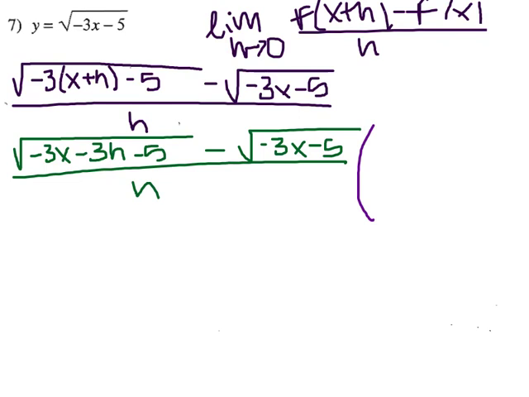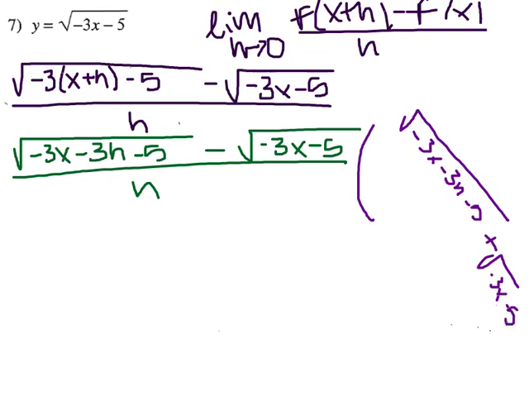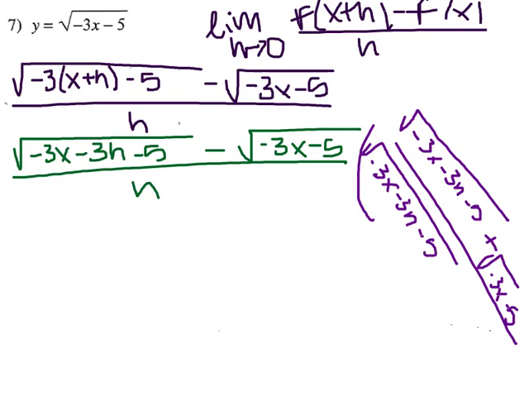We are going to multiply by the square root of negative 3x minus 3h minus 5 plus the square root of negative 3x minus 5 all over the square root of negative 3x minus 3h minus 5 plus the square root of negative 3x minus 5.